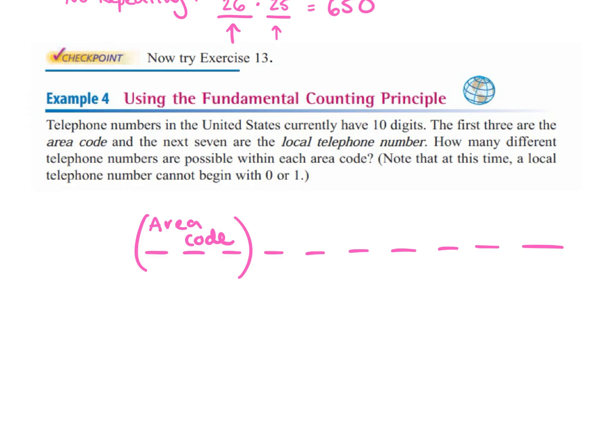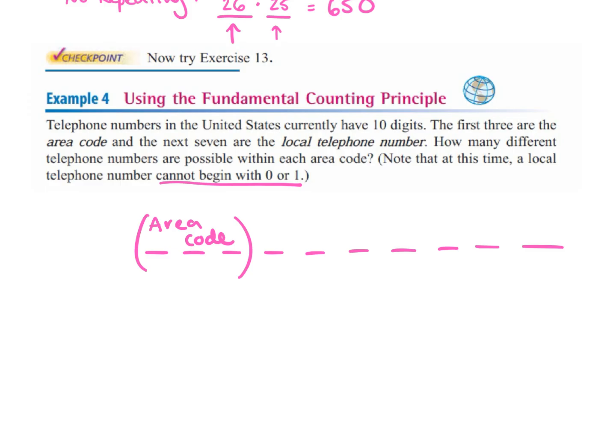So our first set of numbers is 954. That's not changing. What can change are the next 7 numbers. Now it says that a telephone number cannot begin with a 0 or 1. Well, how many digits total do we have that could be in the first number here? 8. It would be 8, because how many digits total are there? 10.